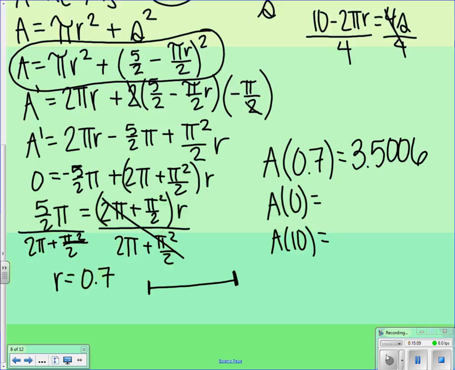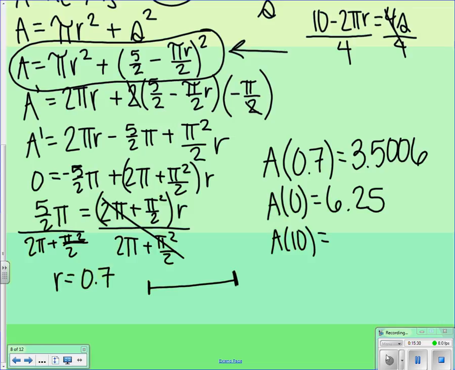And so if you let your R be a 0, you're going to get 6.25. I'm still using the same formula right here.